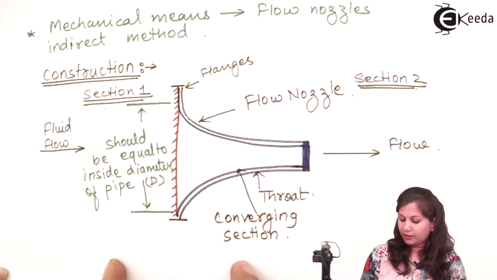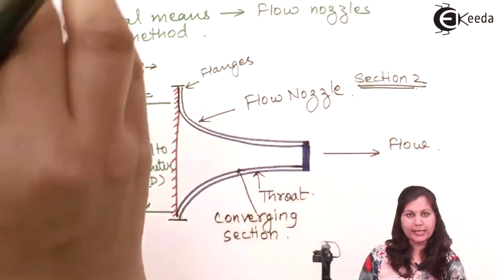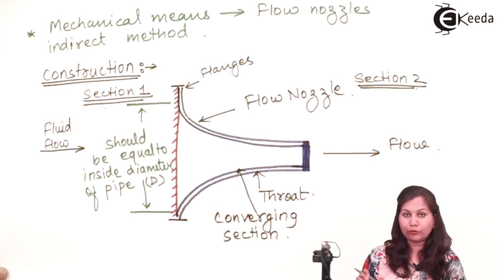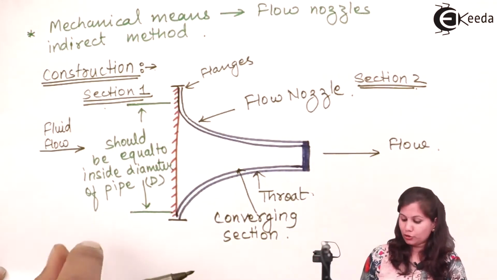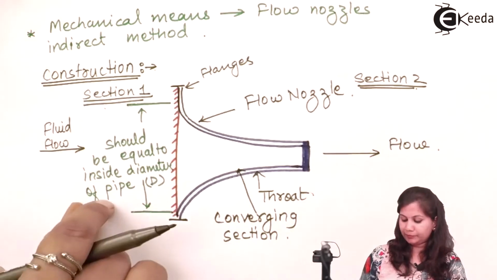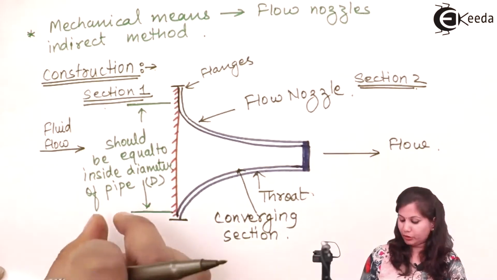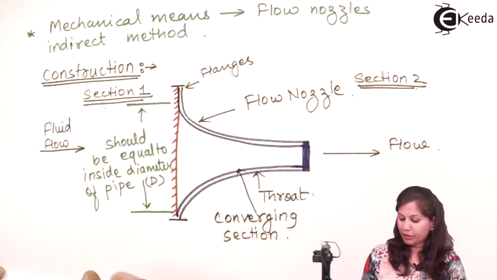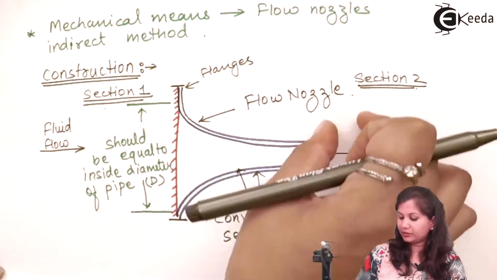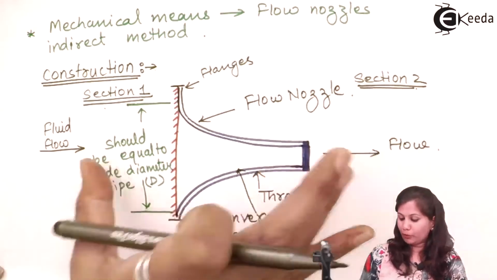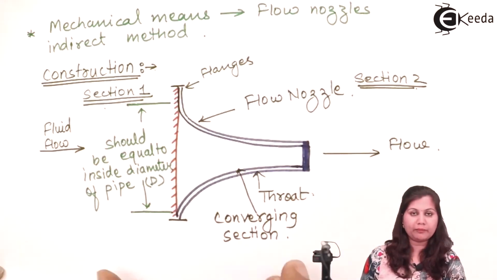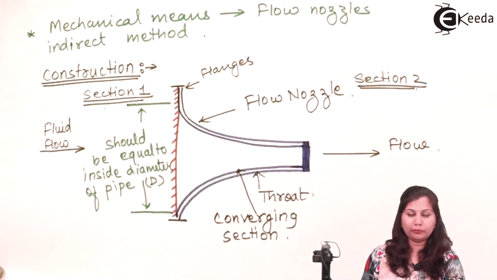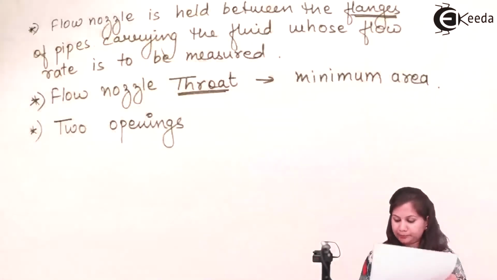So when this flow nozzle is kept in the pipe, a U-tube manometer is used to measure the pressure difference. One tube is kept here because it is a U-tube manometer. So one opening is here and another opening is here. From both these sections the pressure can be measured by the U-tube manometer, and the difference in the pressure can be measured.